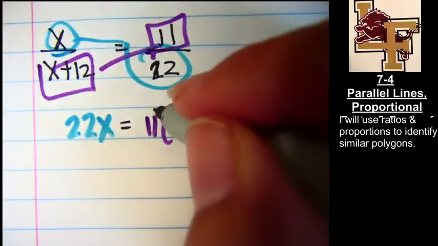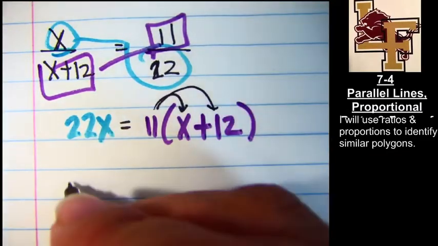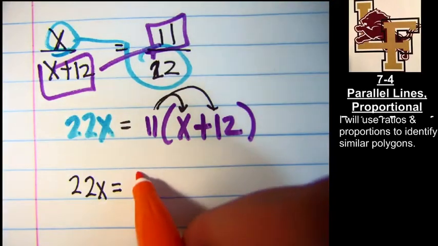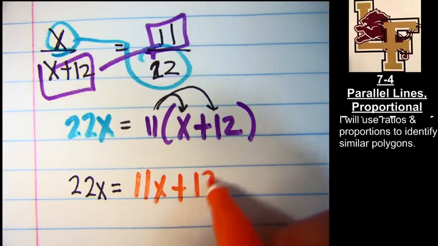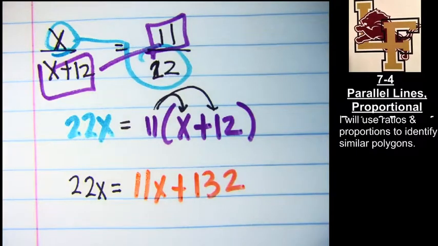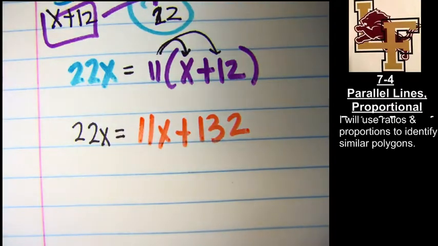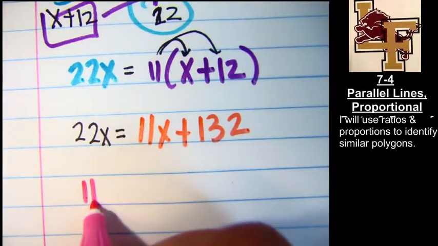I'm going to do some distribution right here. And now I'm going to subtract 11x from both sides.